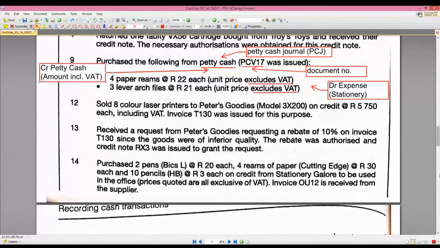So let me make this debit stationery, and this is the amount excluding VAT, just so that you know what amount you need to account for.